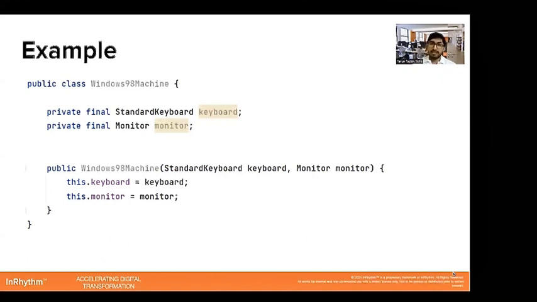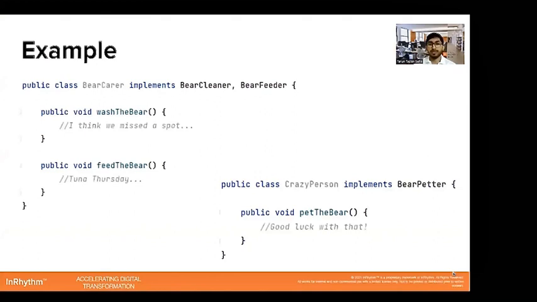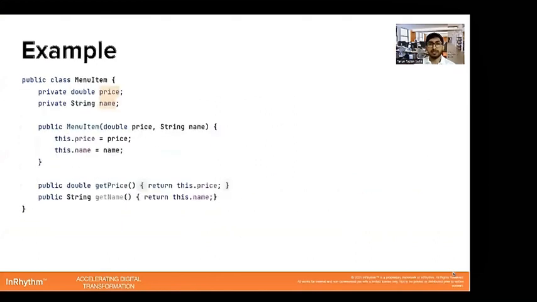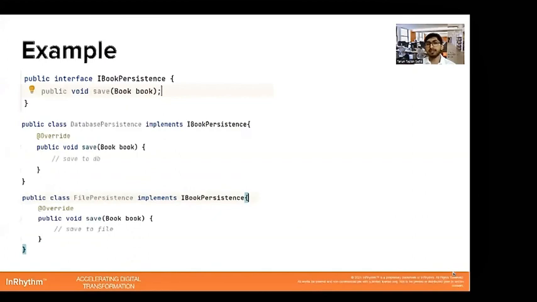So as I said, we'll quickly go back to the open close principle where we had implemented the same. Here you see we have defined a book persistence, and then we have database persistence, file persistence, and we can have many others in future as the requirement comes.